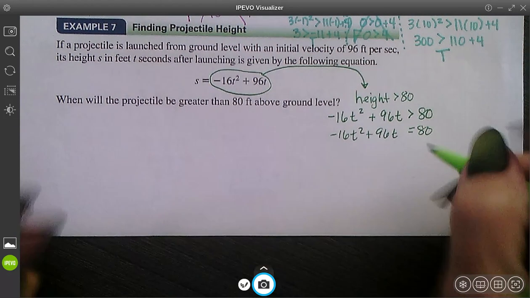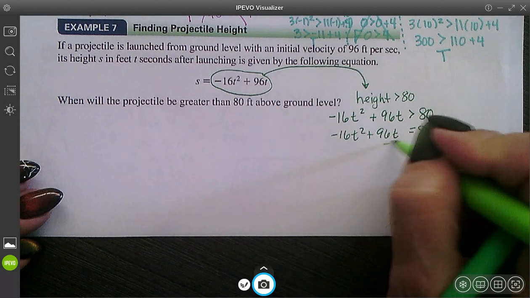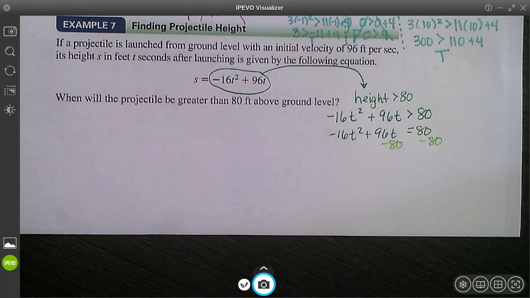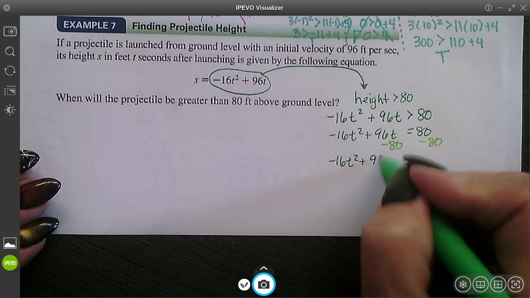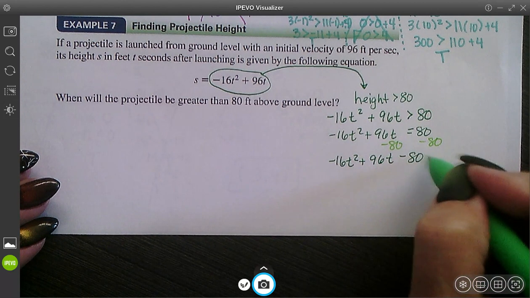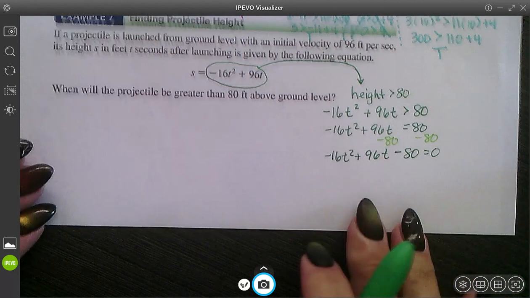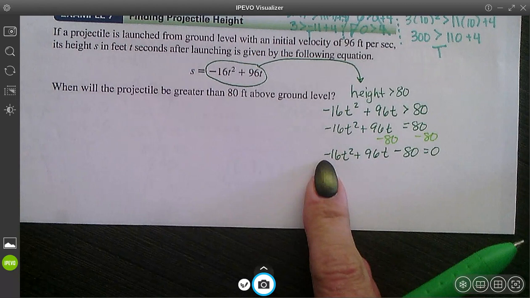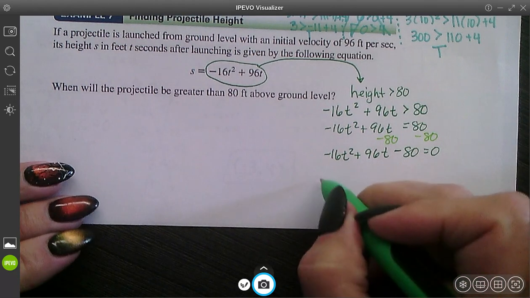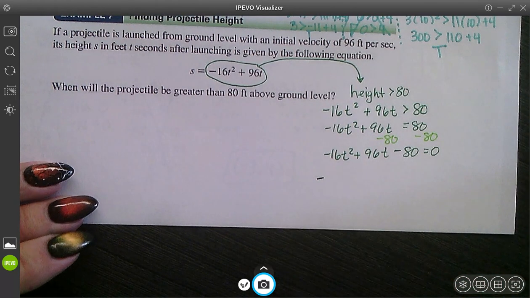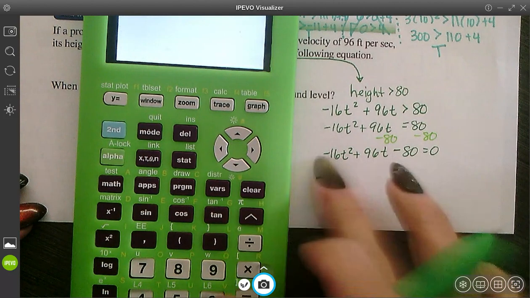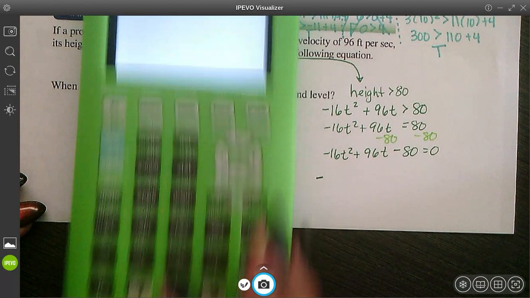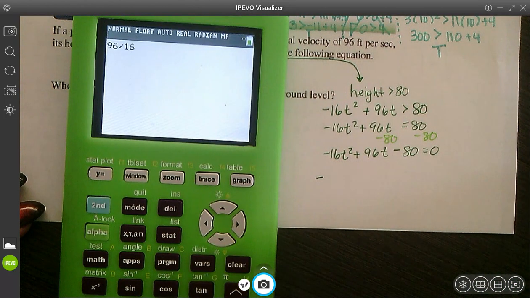I'm probably going to factor this. Usually these work out really nicely. If I move everything to the left side, I see that I have a negative out in front, so I will usually factor out a negative GCF. A lot of times all of these numbers are divisible by 16, so let's check it. Does 96 divide by 16?